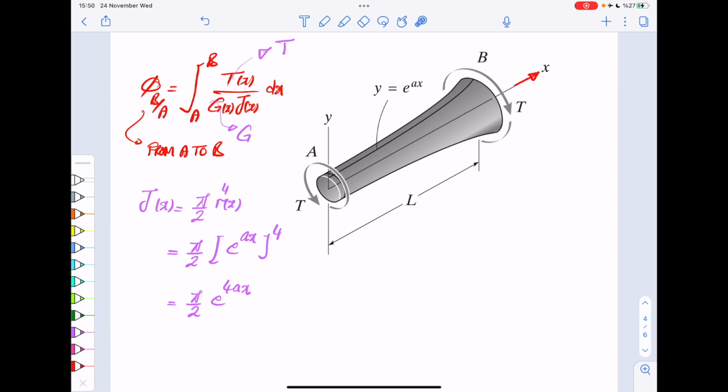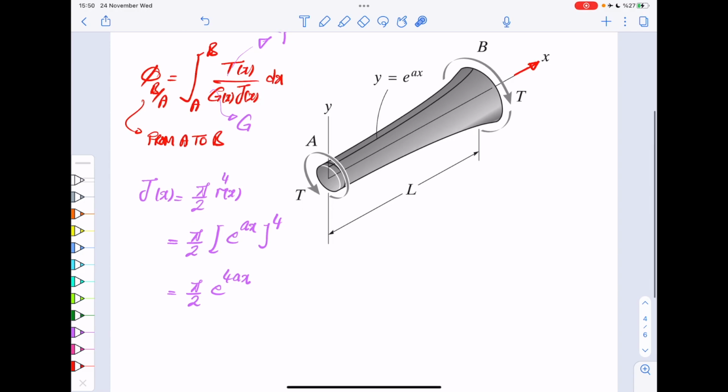So this would be your J here. Now, J is in the denominator. That tells you you can basically have this to the power -1 and write it upstairs in the numerator. Okay, so we do that.